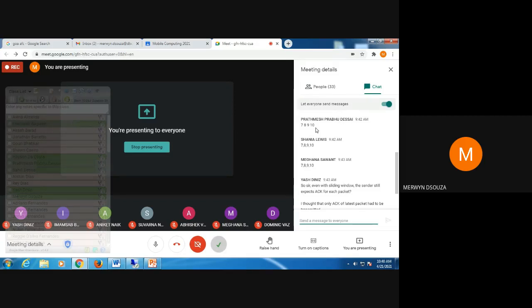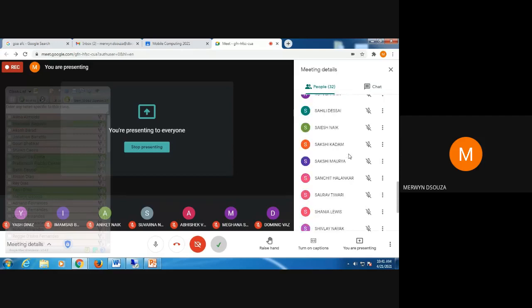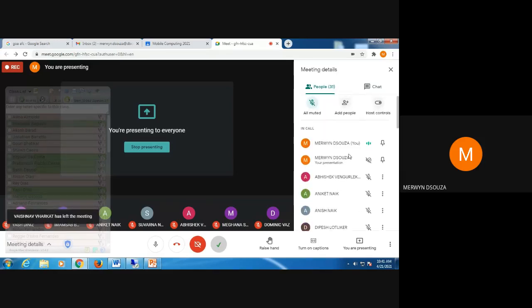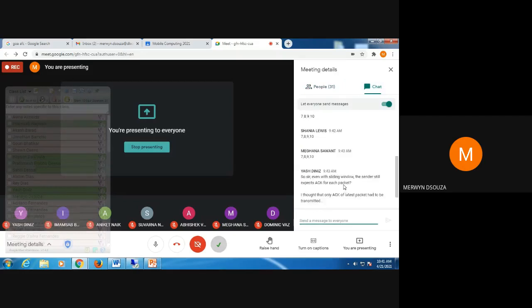If anyone has not understood this, let me know and I will explain how the sender will send the packets 7, 8, 9, 10. Is everyone clear about how the sliding window works? Please let me know if you're having any difficulty. I can repeat it.